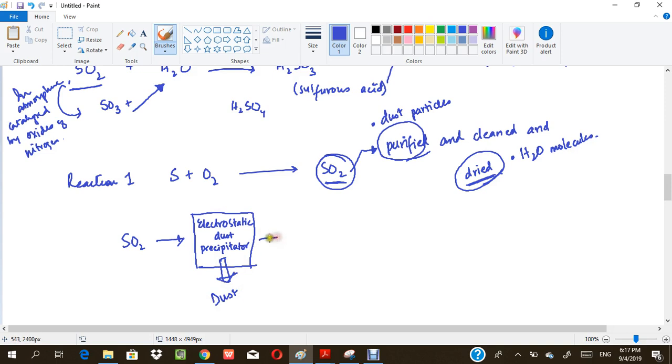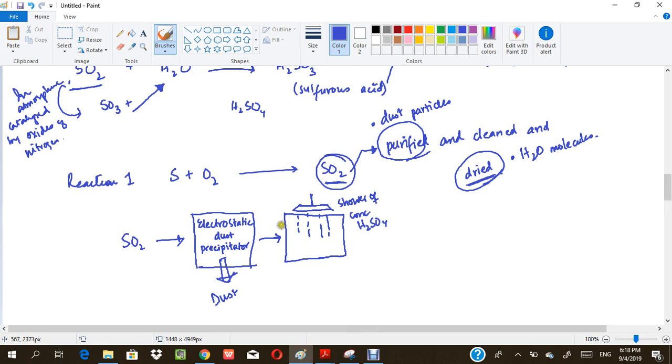Now, how do we dry the gas? What we do now is that sulfur dioxide is passed through a shower of concentrated sulfuric acid itself. Remember this, that concentrated sulfuric acid is a very powerful drying agent.